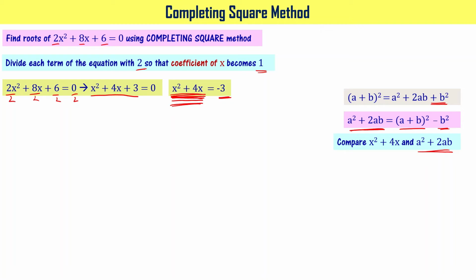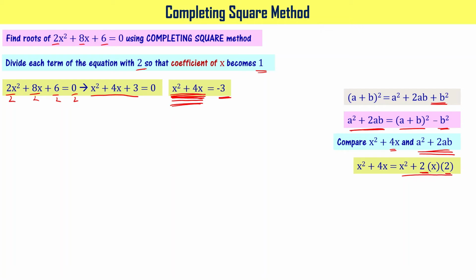If you want to compare straight away, it is a bit confusing. For that reason, let me write x² + 4x as x² + 2 times x times 2. 4 I have written as 2 times 2, right? Now you compare x² + 2·x·2 with a² + 2ab.